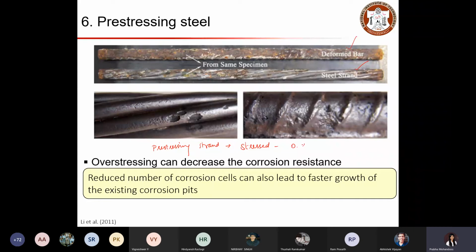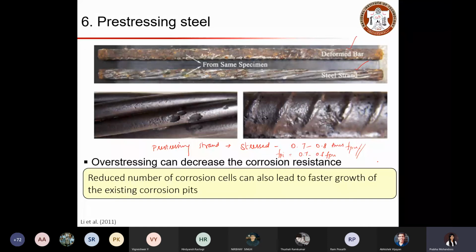So typically 0.7 to 0.8 times your fpu. So the initial pre-stressing will be 0.7 to 0.8 fpu. So this basically indicates that your strands are under stress before they are getting loaded.